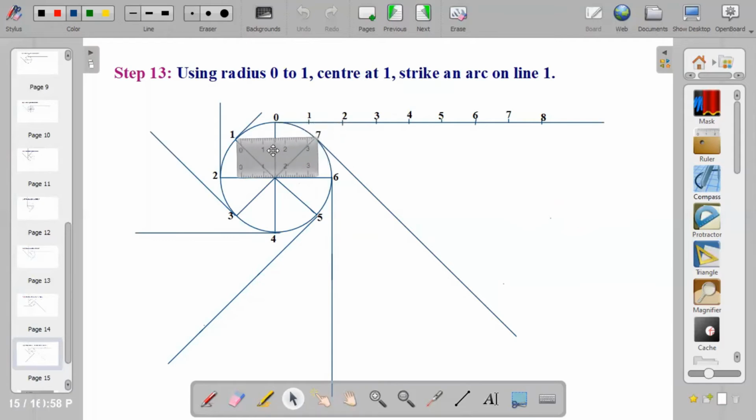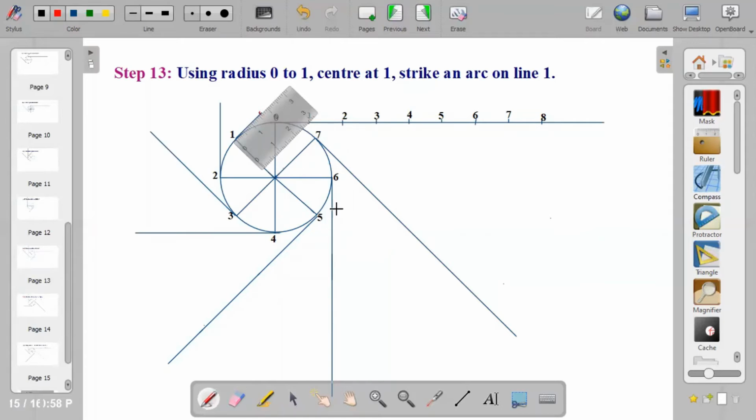Now, center at 1. Using that 1.5, center at 1, you strike an arc on line 1. When you strike an arc on line 1, you asterisk the points where you have the distance, the radius.